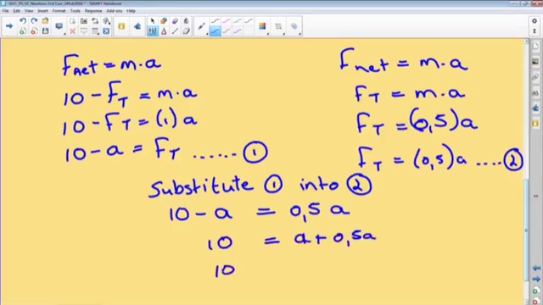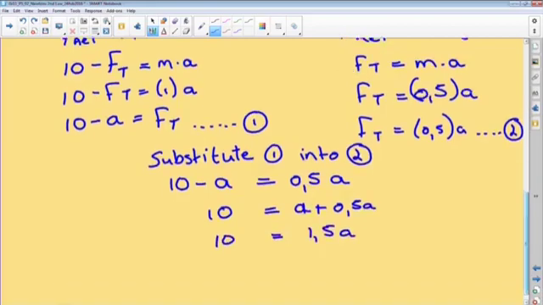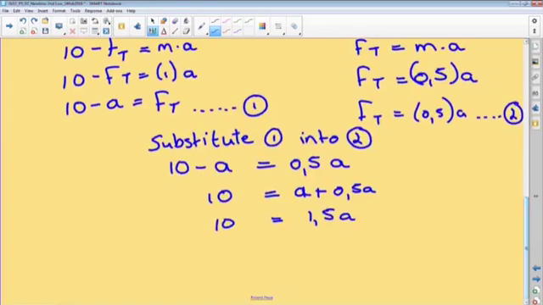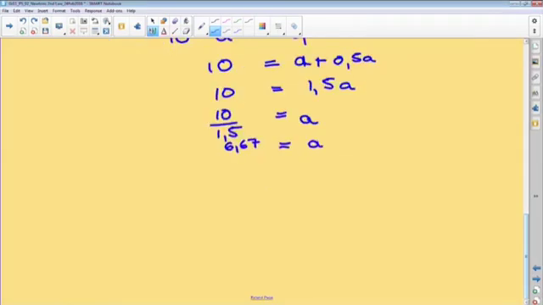So 10 is equal to 1.5A, which is fine if you want to leave it as an equation, but we don't. We need to solve for acceleration. So we're going to go 10 divided by 1.5, and if you double check me on your calculators, you will see that I'm going to get a value of 6.67.